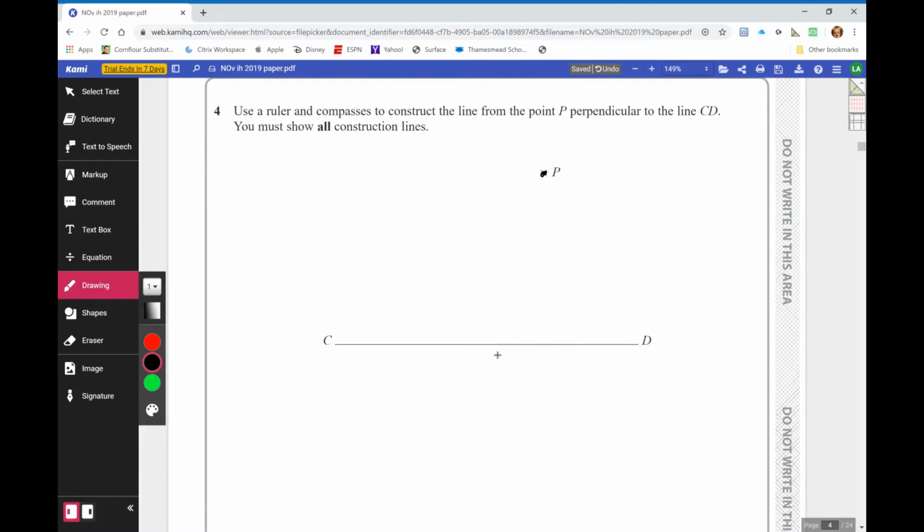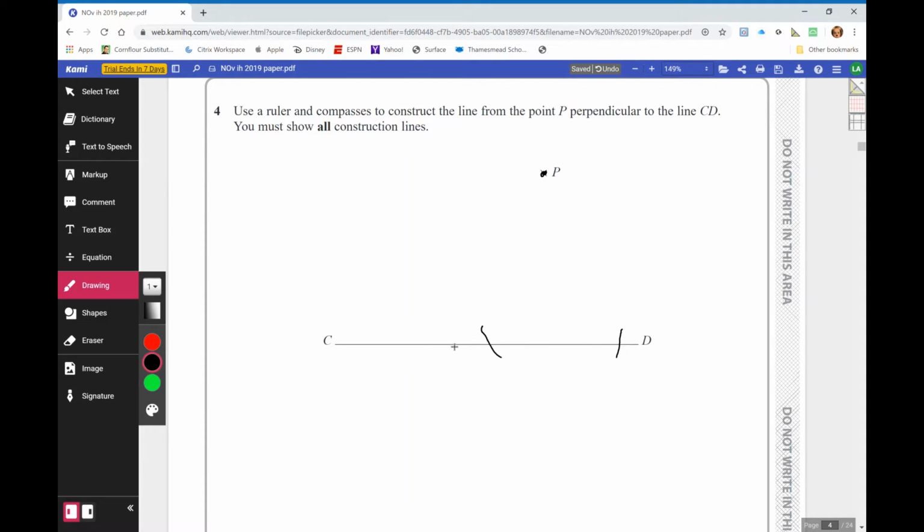Now you need to draw 2 arcs along this line, so that it's equal distance, and that kind of gives you equal distance between P and this line. Okay, so you end up doing a little swipe of your compass. It'd be roughly there and there. If you end up opening up too wide and it goes off the page, you need to just rejig it and make it smaller, because you need to have 2 lines on here.